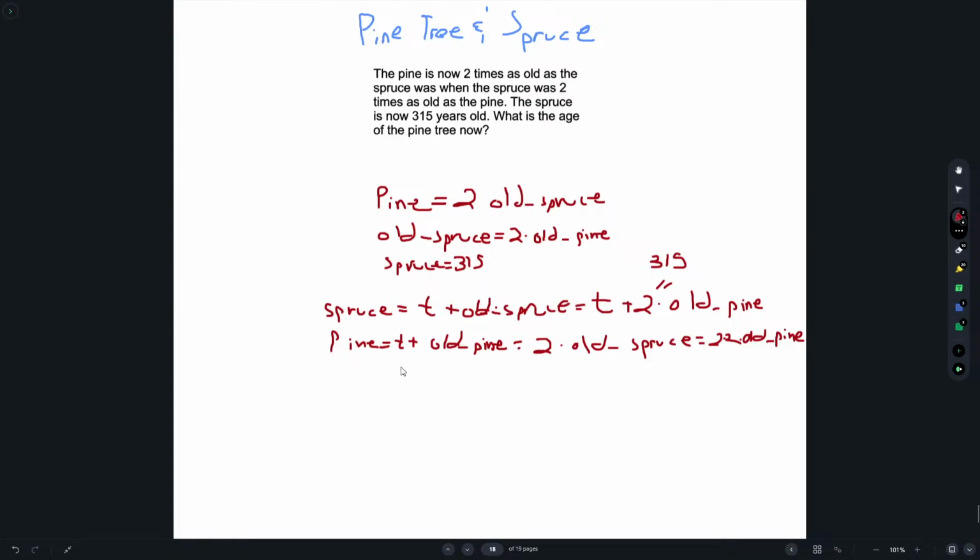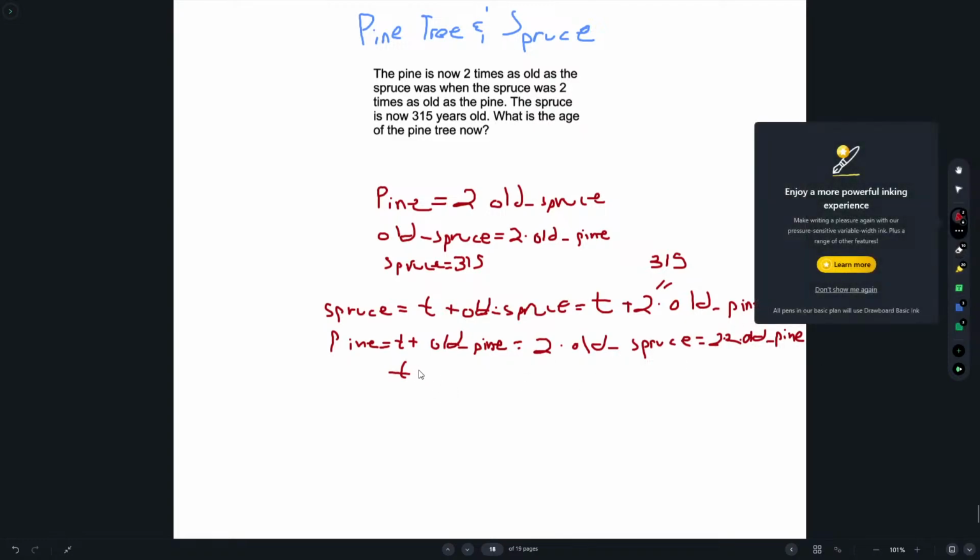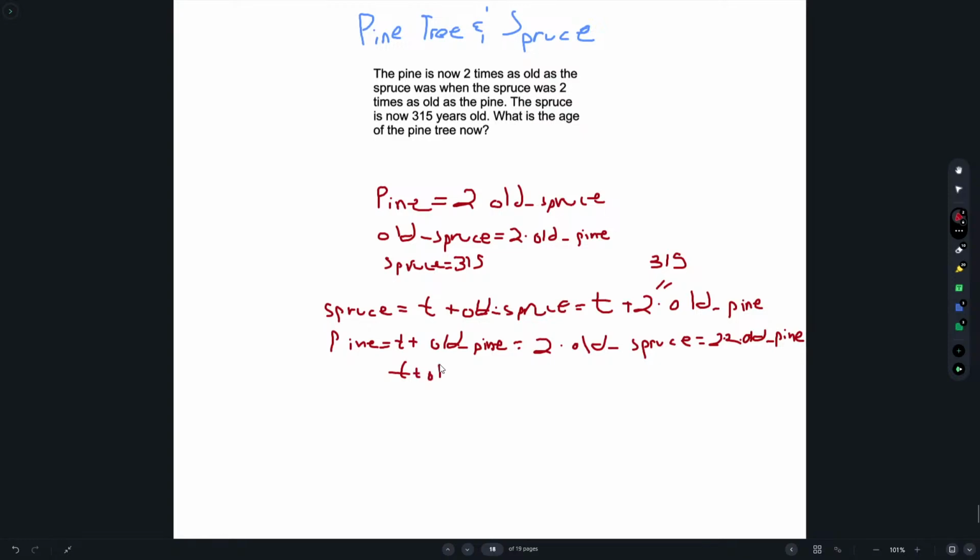So t plus old pine is equal to 4 times old pine. So t is equal to 3 times old pine. So if 3 old pines times have passed, what does that tell us?